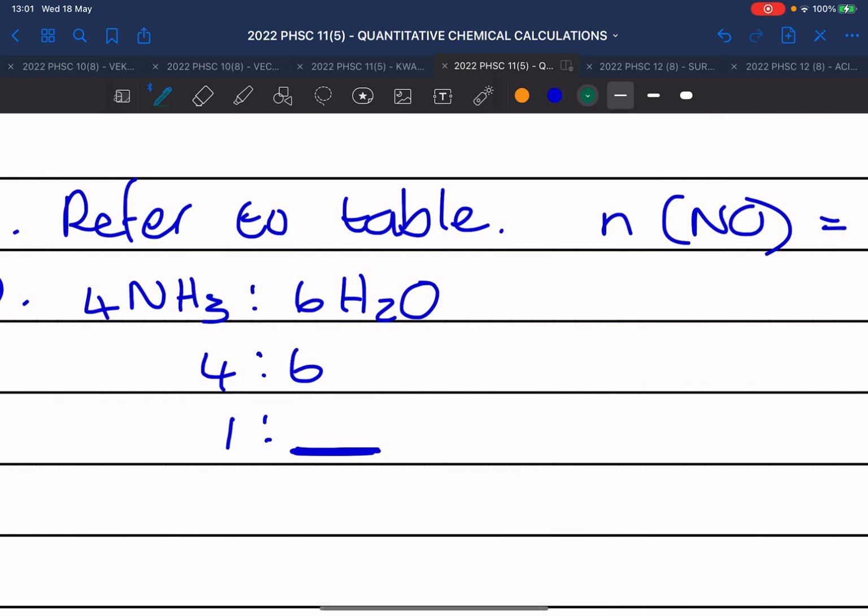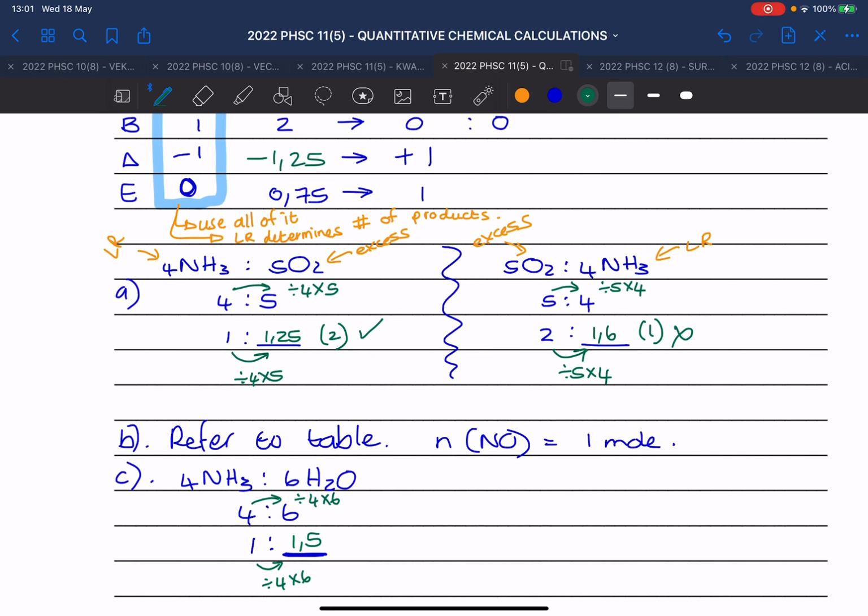That gives you 1.5. So you can see there, that gives you plus 1.5, so you have 1.5 there.